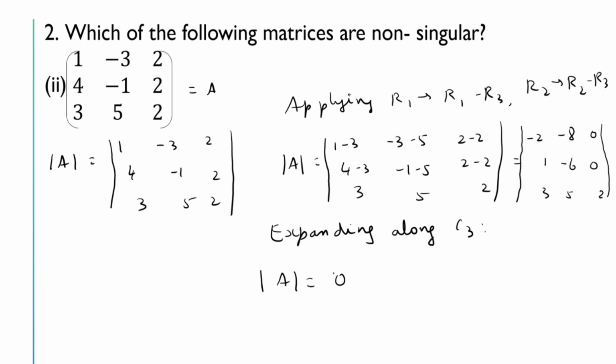So it is 0, minus 0, plus 2 into 6 into 2, 12, minus of minus 8 is plus 8. So this is equal to 2 into 20. So it is equal to 40, not equal to 0. Therefore, this matrix is not singular.